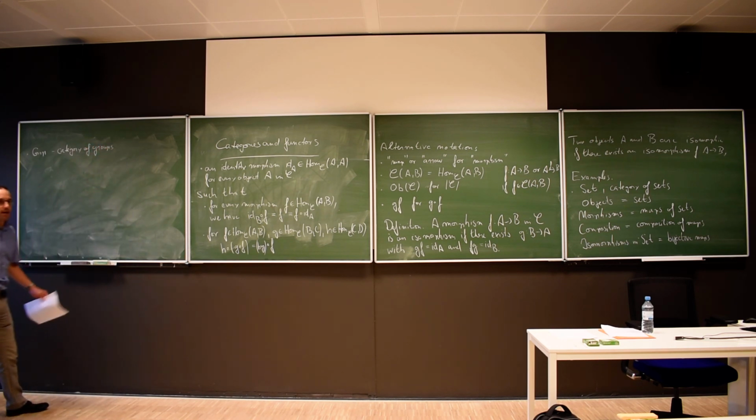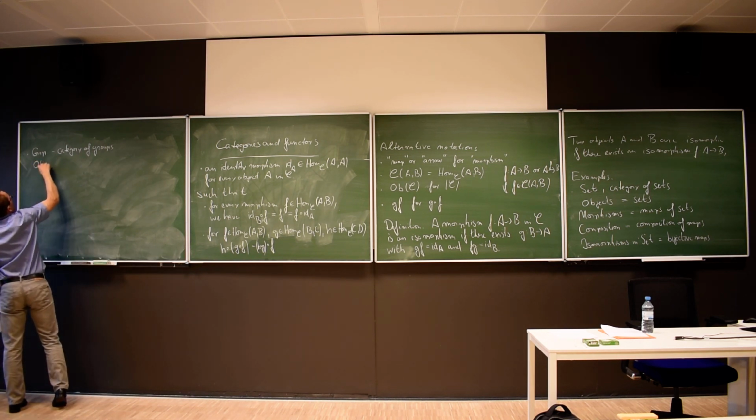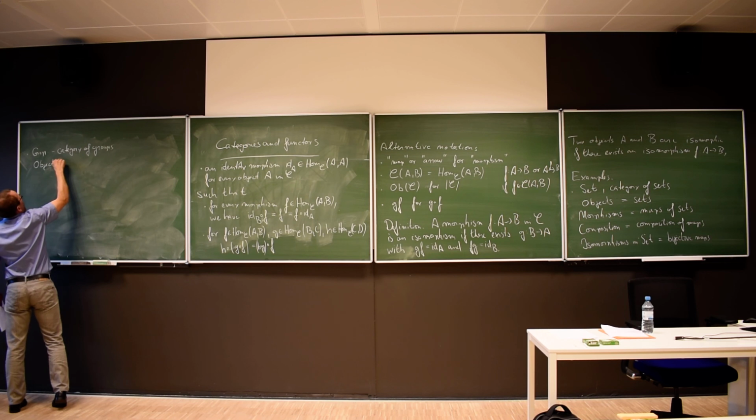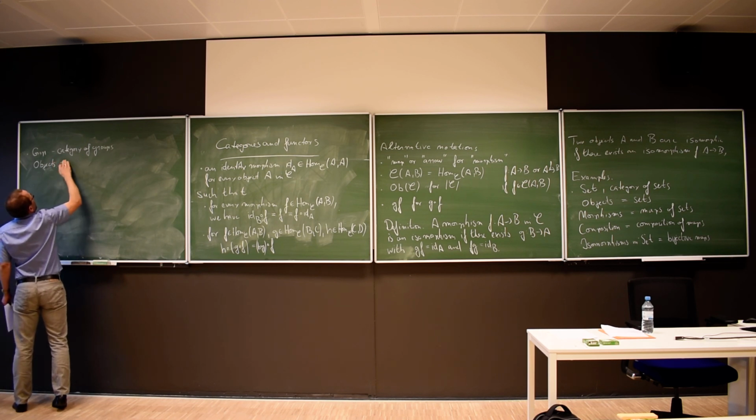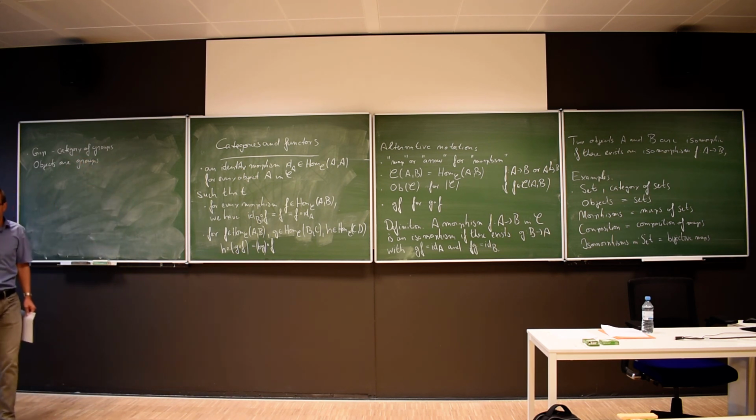As the name suggests, the objects in this category are groups, so sets equipped with a preferred unit element and a composition law that's associative, that makes the unit element into a unit element with respect to the composition law, and where you have inverses. So the objects are groups.